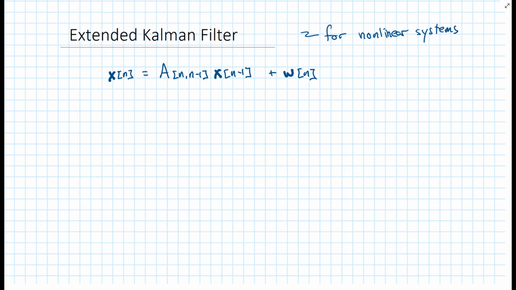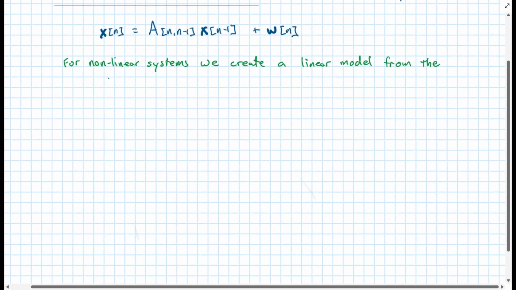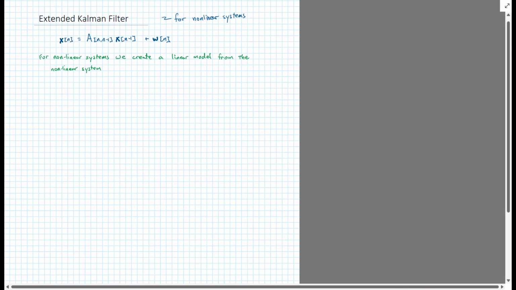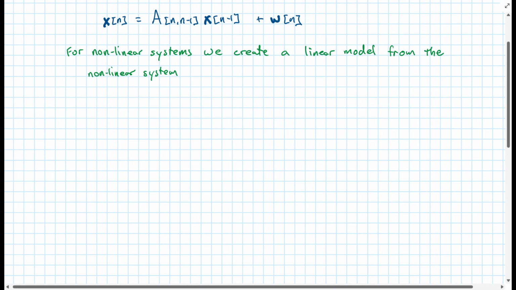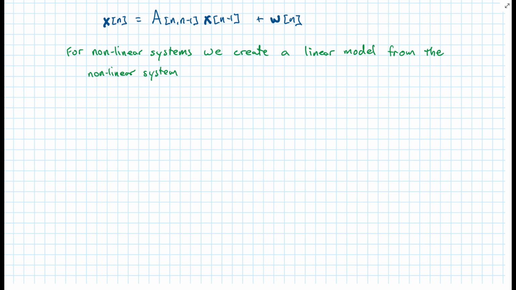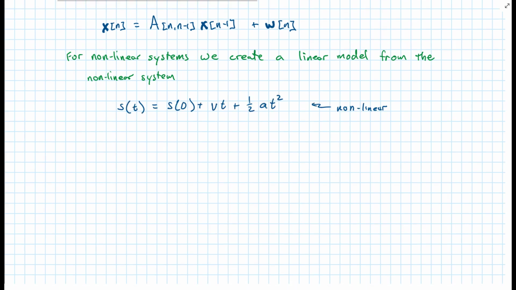For example, we may have a system where we can create a linear model from a nonlinear system. One such system could be the standard acceleration position equation from physics.